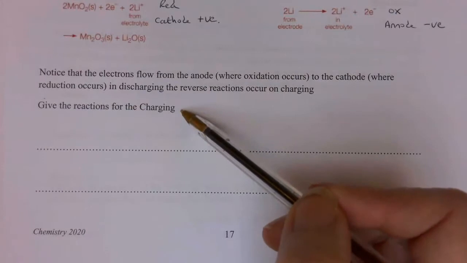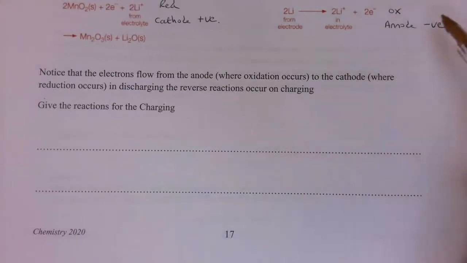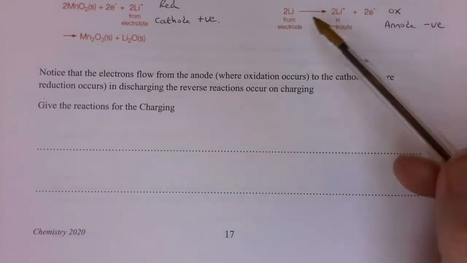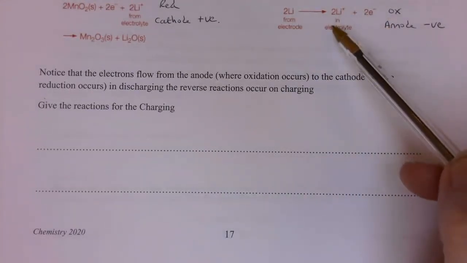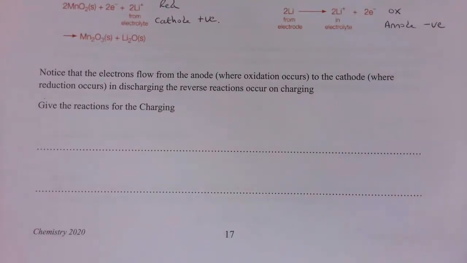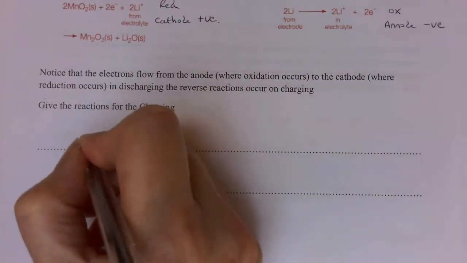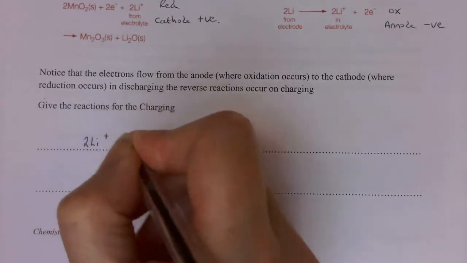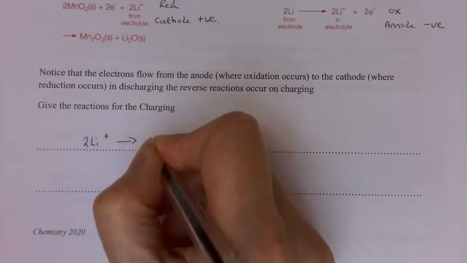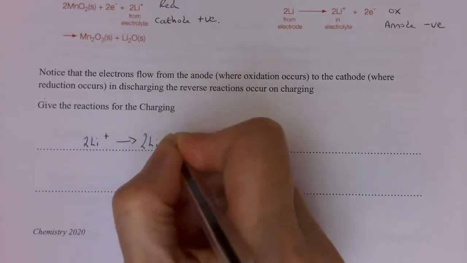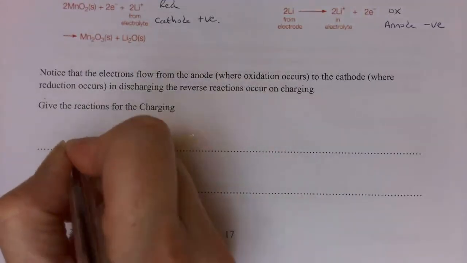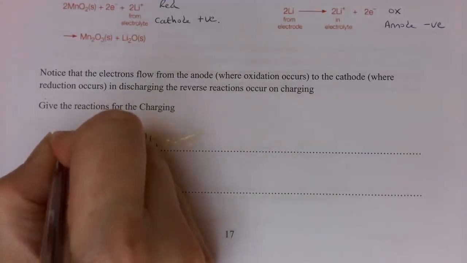So given the reactions for discharge, we should be able to work out the reactions for charging. Remember, charging is basically the reverse of the discharging reactions. So here I've got lithium turning into lithium ions. So when I recharge my phone, those lithium ions are being turned back into lithium atoms, and they are gaining 2 electrons.